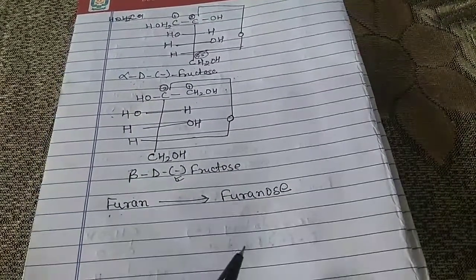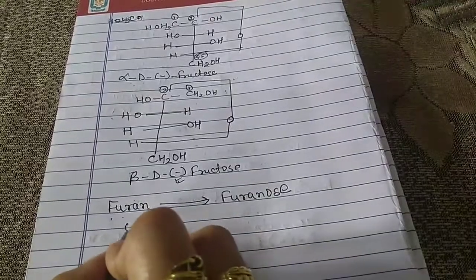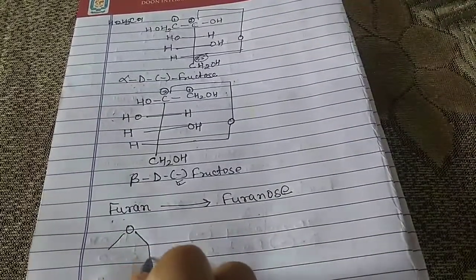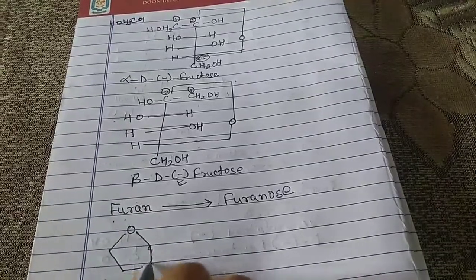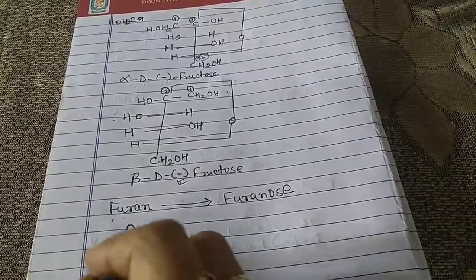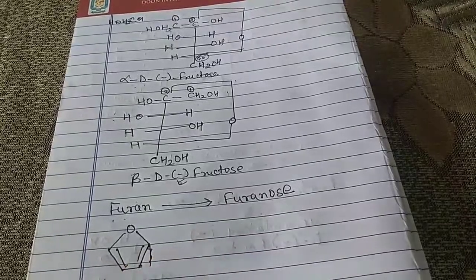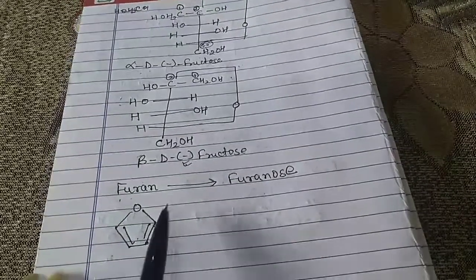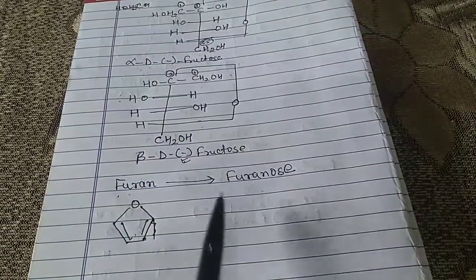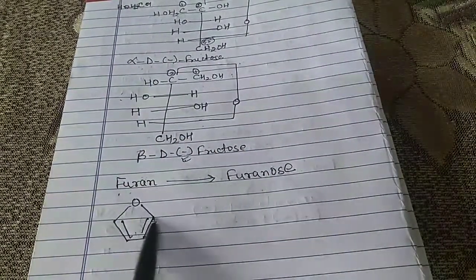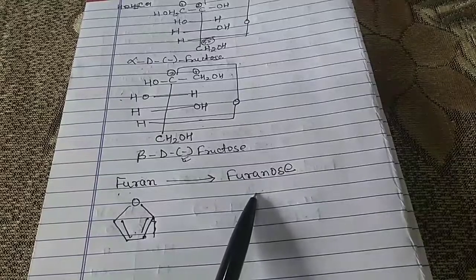This is the structure for furan, and when we apply all the CH and OH here in the furan, it is termed as furanose.